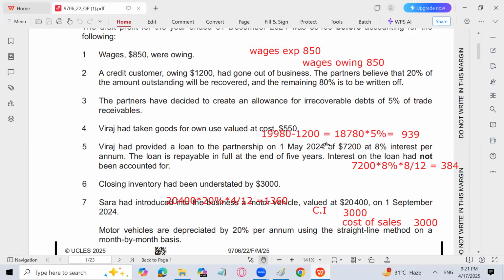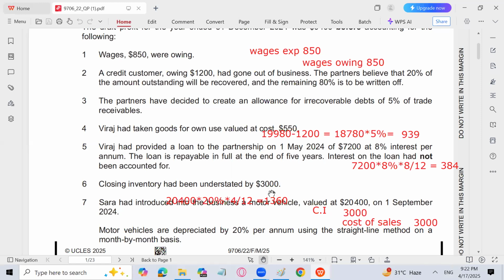Closing inventory had been understated by 3,000. So closing inventory will be debited because it needs to be increased, and cost of sales is going to be credited. Because closing inventory has been understated, cost of sales has become higher.